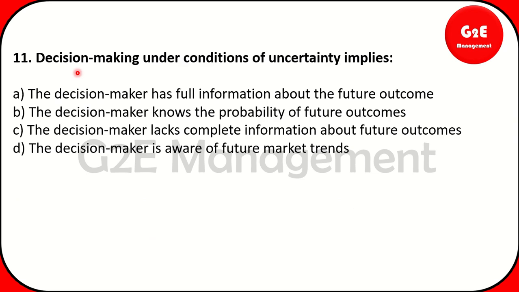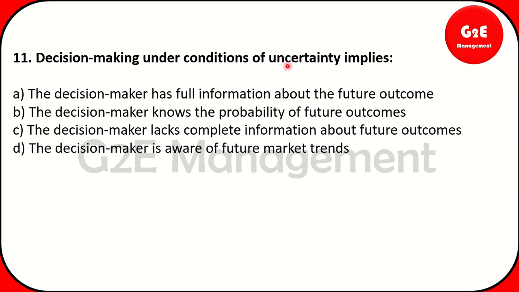And for the next one: decision making under conditions of uncertainty implies. The decision maker has full information about future outcomes. See here, under uncertainty, what kind of decision making happens? The decision maker knows the probability of future outcomes. The decision maker lacks complete information about future outcomes. The decision maker is aware of future outcomes.